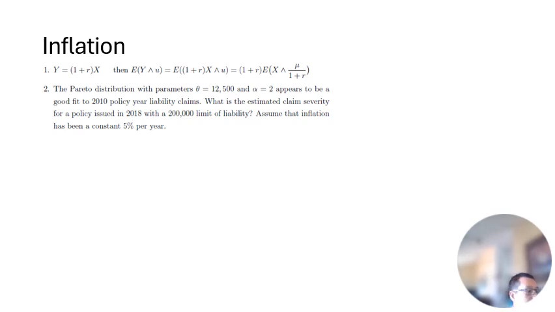The expected value will be (1 plus 0.05) to the 8th power, times E[X∧200,000 divided by (1 plus 0.05) to the 8th].